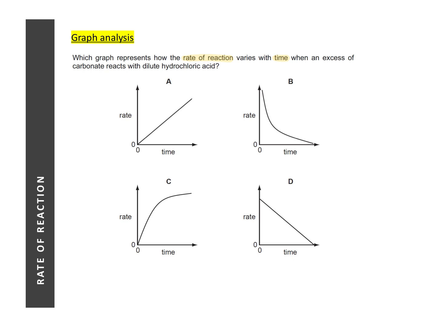It decreases as the reaction proceeds, and it reaches zero at a certain point in time. So the correct graph for how rate changes with time has a finite and maximum value at the start, and it decreases over time to 0. So the correct answer would be D.